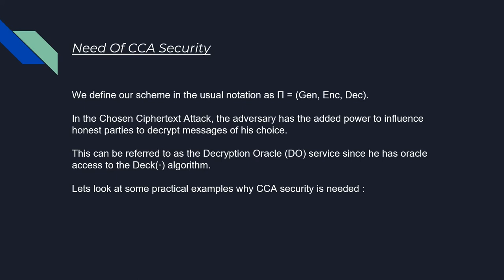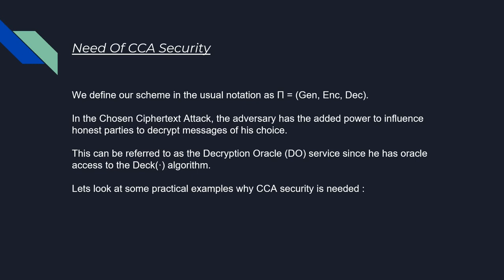But now in the chosen ciphertext attack, the adversary has an added power such that the adversary can choose a random ciphertext and get the decrypted message from the decryption oracle. So basically this is called the decryption oracle.